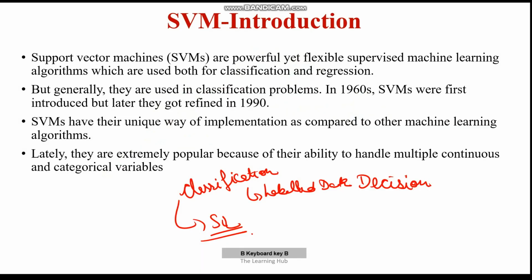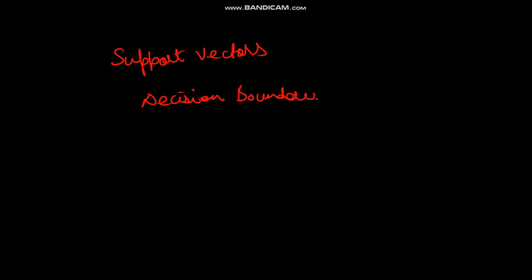So when we talk of this technique, we have support vectors. These are the terminologies that are being used. We work on decision boundaries, and we have the hyperplane. So these are the main key points when we talk of support vector machine.